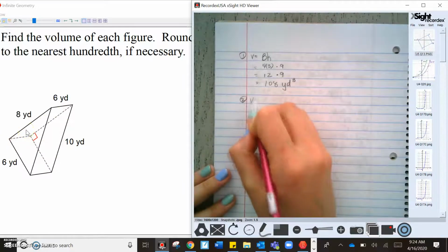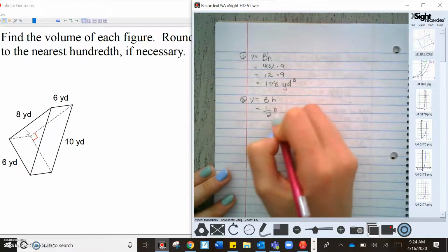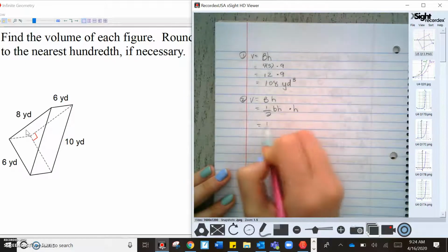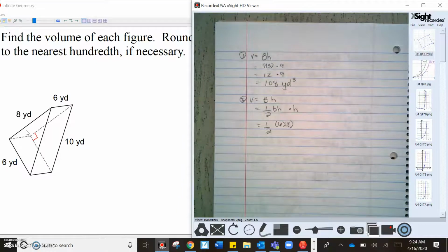So when I use base times height, I'm really using 1/2 base times height times the height. So this is going to be 1/2 the base times the height of my triangle. If you look at this piece here, that's your base. They gave you the hypotenuse, that's just too much information.